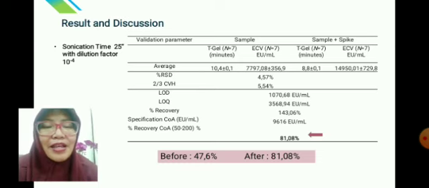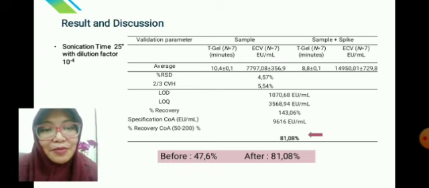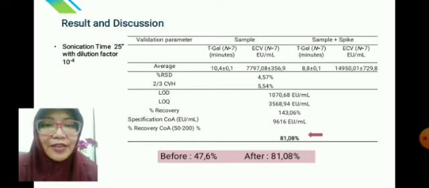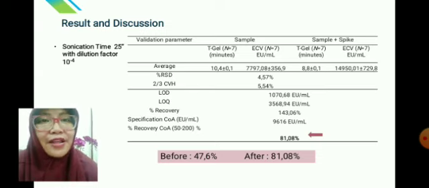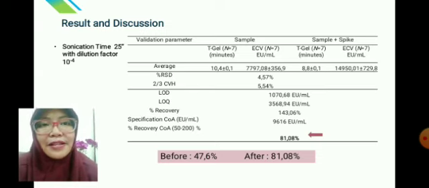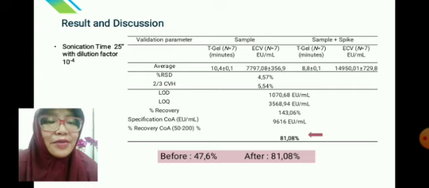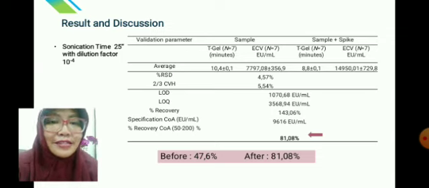So, we have the optimum condition at sonication time 25 minutes with dilution factor 10 power minus 4. The validation parameters contain precision, accuracy, LOD, LOQ, and percent recovery in accordance with the COA specification.